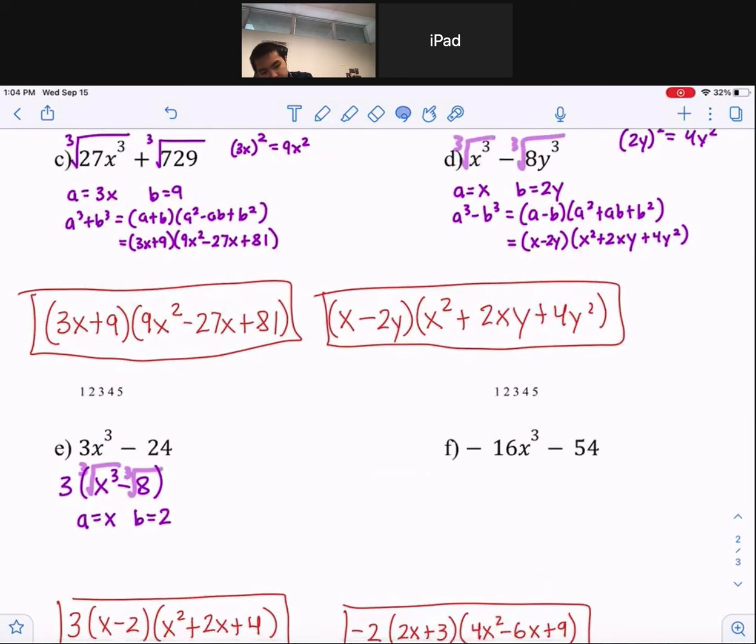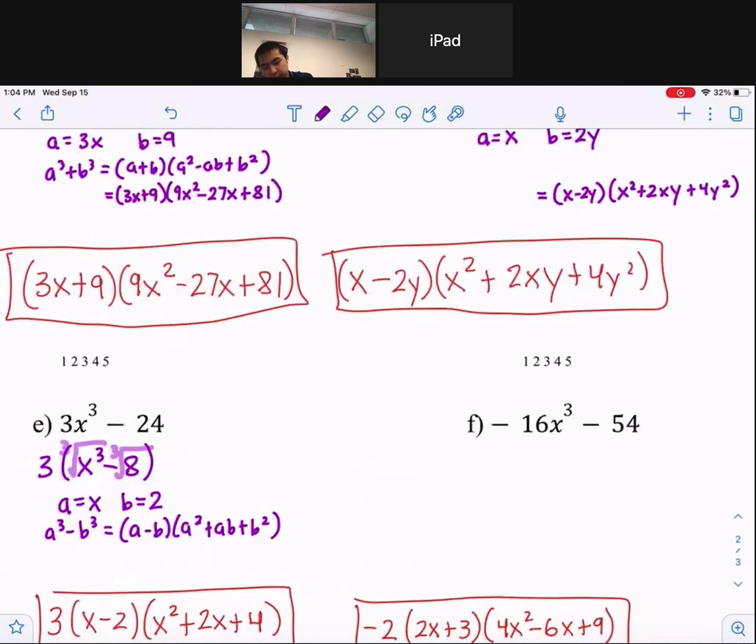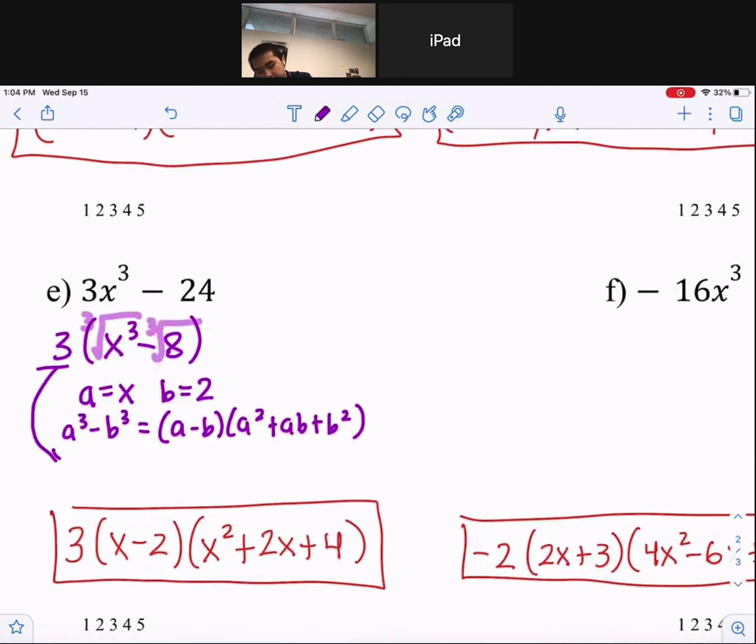We're going to be using a cubed minus b cubed. Now, please do not forget the 3 that we factored out in the beginning, right? A minus b would be x minus 2. A squared would be x squared. A times b is 2 times x, for 2x. B to the second is plus 4.